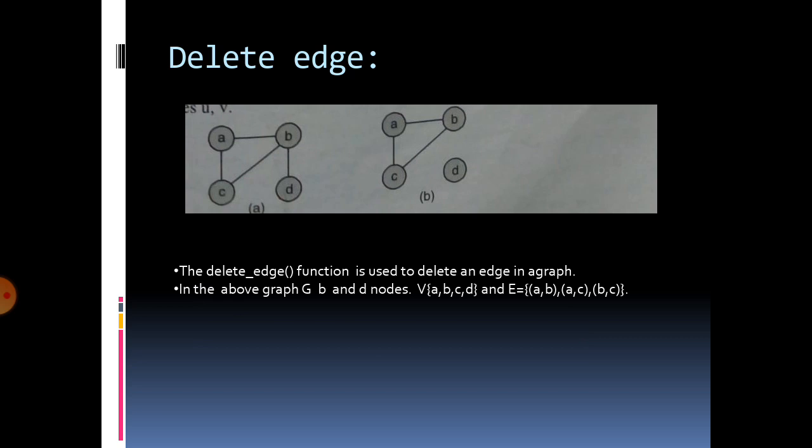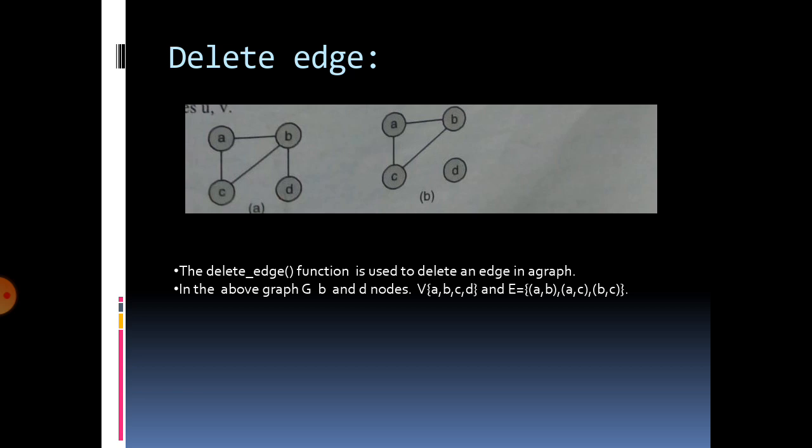How to delete an edge? We can delete an edge. If you delete an edge, that may make a vertex isolated, or not, depending upon the other edges of the vertices of the deleted edge. Here diagram A represents A, B, C, D. The edge between B and D is removed.